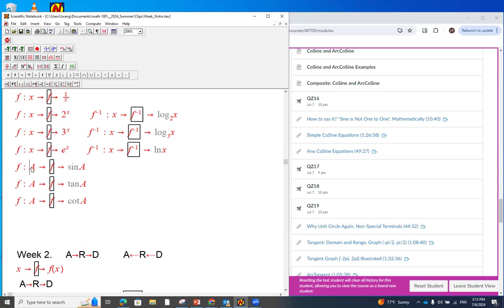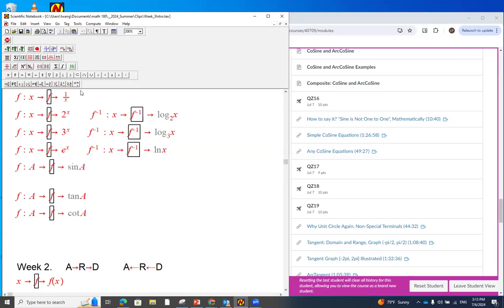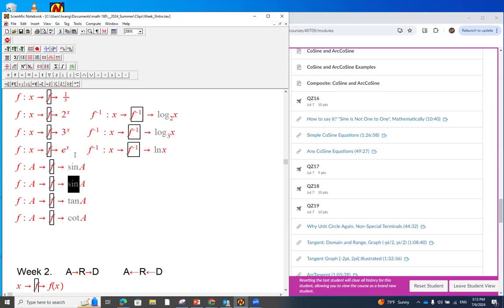The inputs are angles, for sine, cosine, and the rest. These inputs produce outputs, and the outputs are ratios. So all of these outputs are ratios, from A to ratio, from angle to ratio.